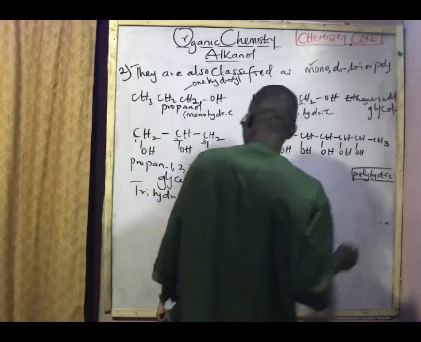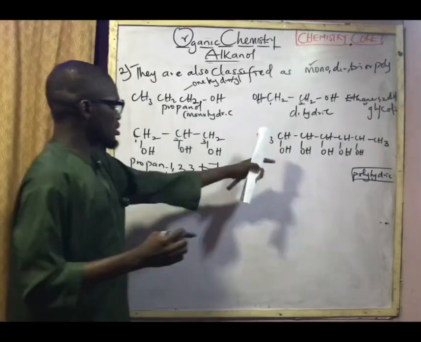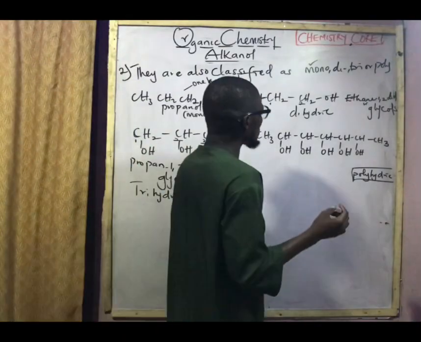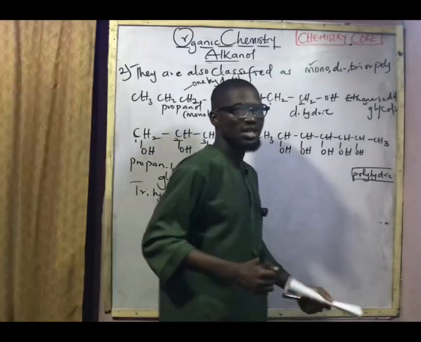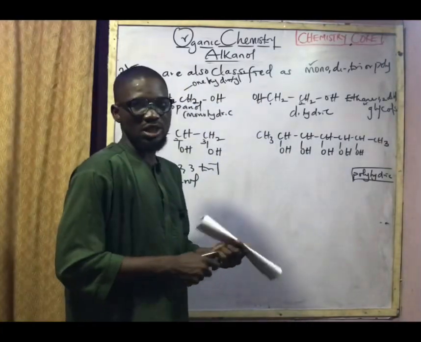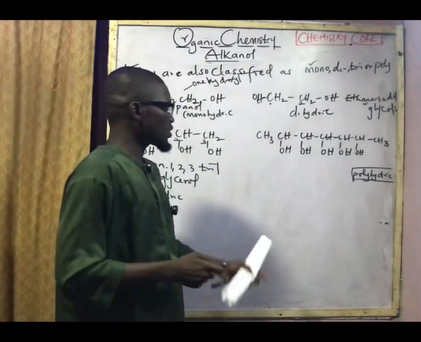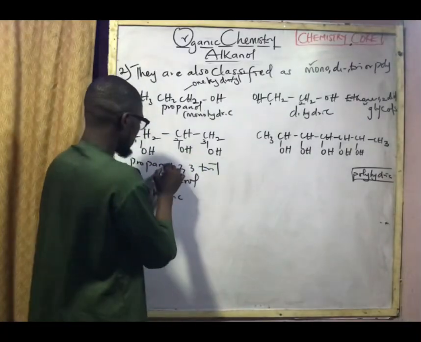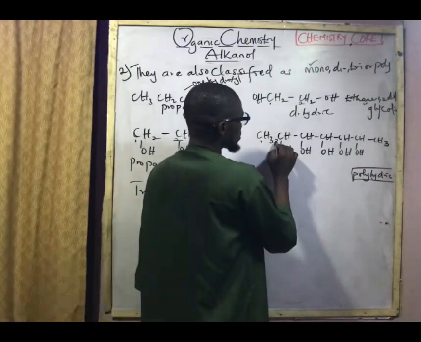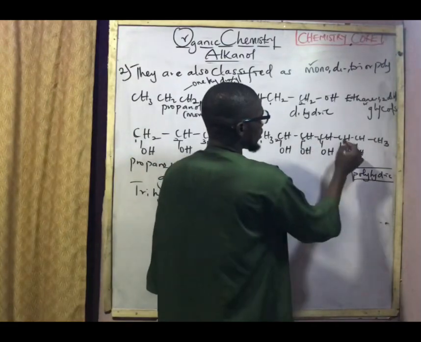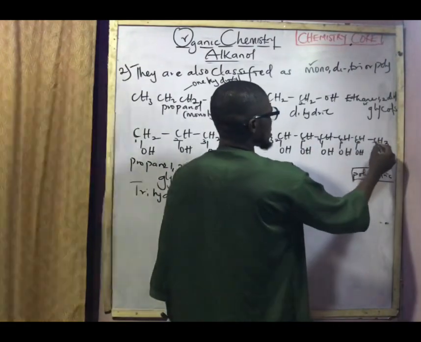Now, let's name this. Let's count the number of carbon atoms: 1, 2, 3, 4, 5, 6, 7. 7 is hept, which is heptane. So we number 1, 2, 3, 4, 5, 6, 7.